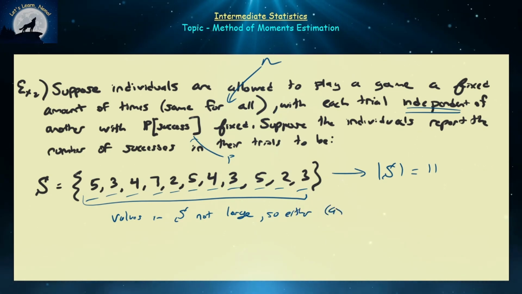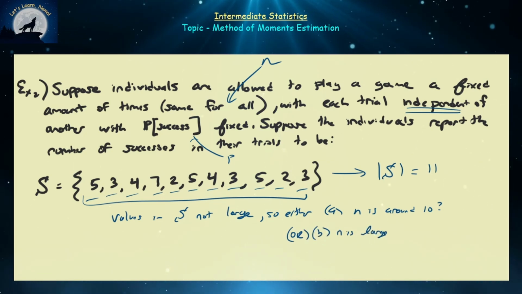We have quite a few cases to consider here. A, n is around, let's say, 10. That would be at least an intuitive guess. Or B, n is large, but the probability is significantly less than 50%.